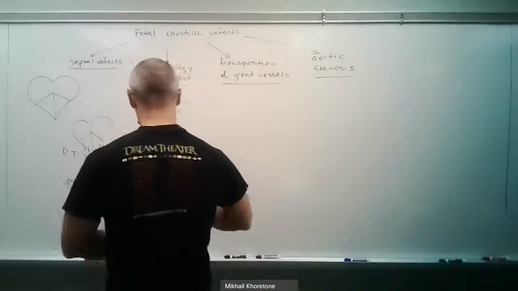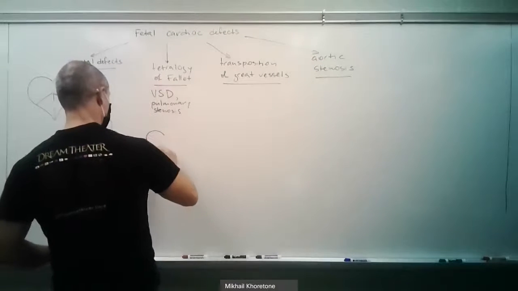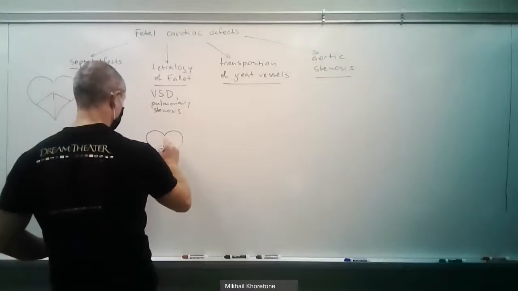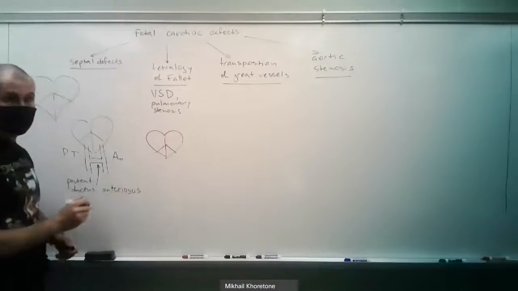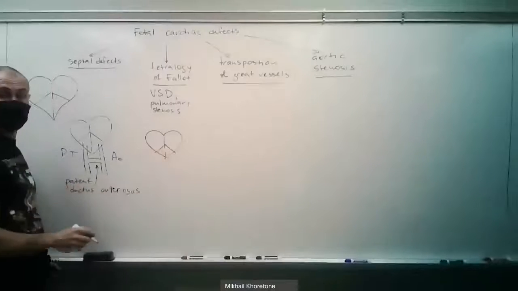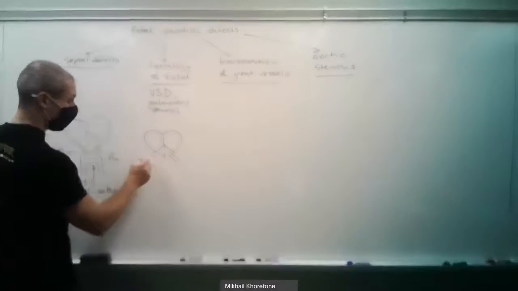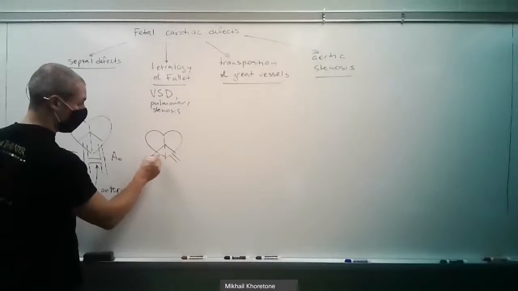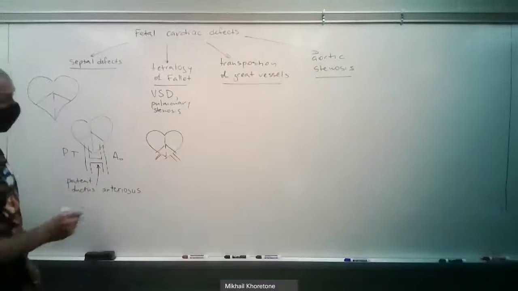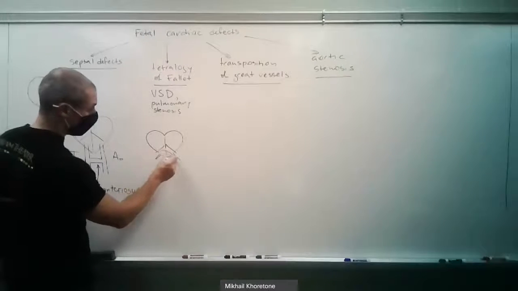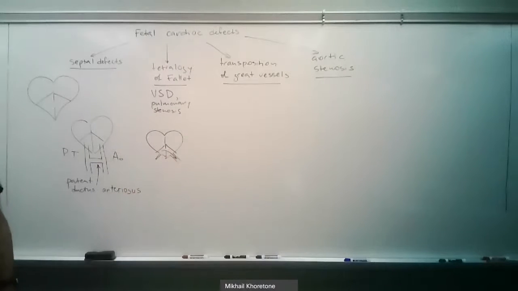It's probably easier to draw. What you have, the ventricular septal defect, you have aorta, and you have really, really tiny pulmonary trunk. So the blood from the right ventricle goes directly into the aorta.